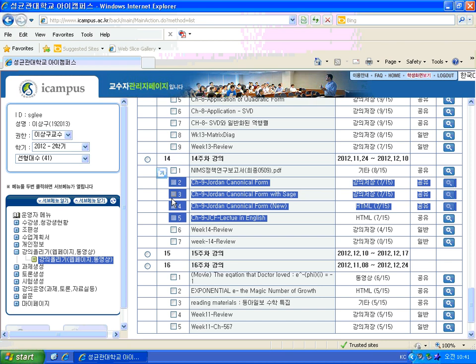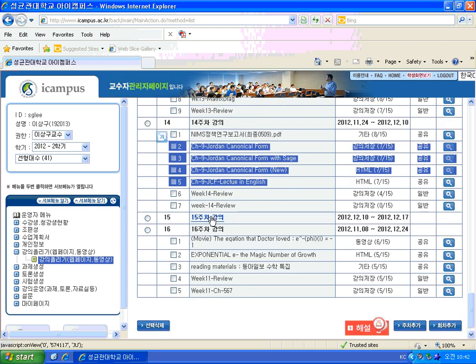After you find the Jordan canonical form, you can easily find the generalized eigenvectors, which make the invertible matrix S. That makes S inverse A S equal to the Jordan canonical form J of A. In that case, you have all the information of A, J, and S. So with all that information, you can do whatever you like, not only for A but also for J. So you can go through it. And now, we are in chapter 15.